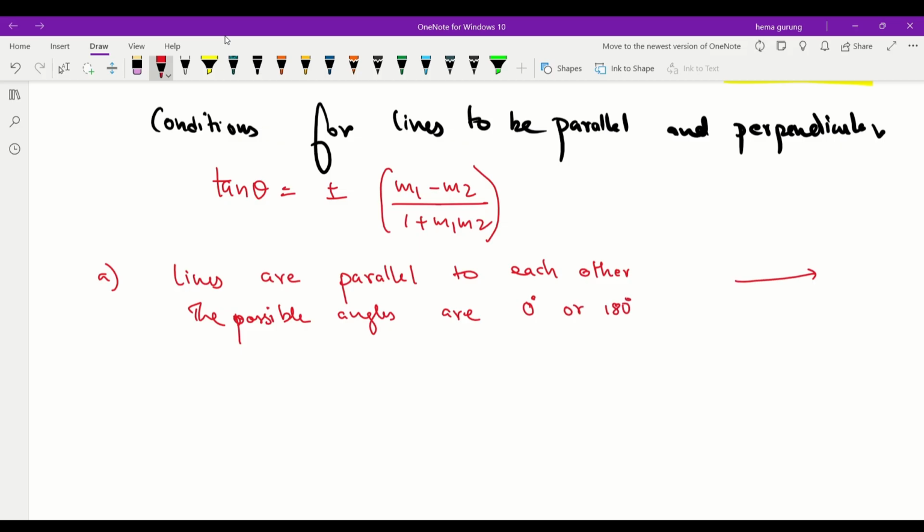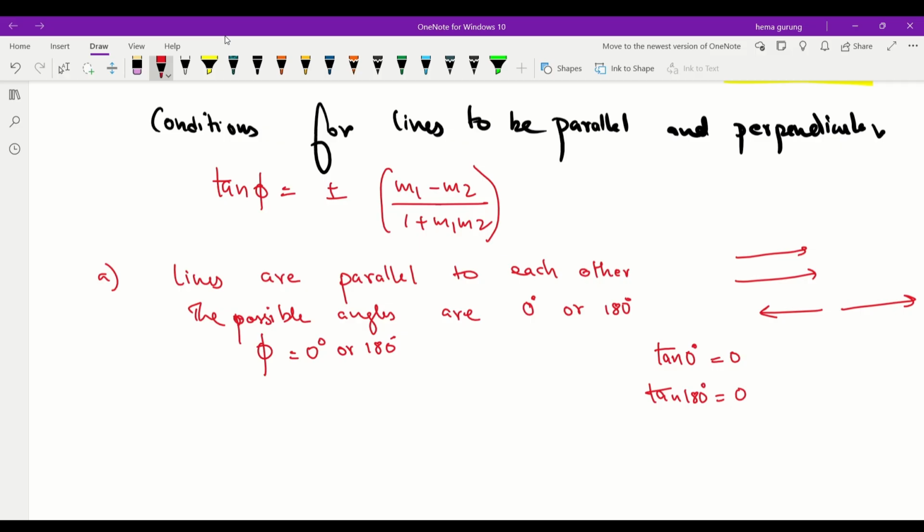It can be like this or it can be like this, 180 or 0, right? As we know, tan 0 is 0, and tan 180 is also 0. So the possible value of theta in this case is 0 or 180 degrees. I think earlier we were letting the angle be phi, so I'll let it be phi.